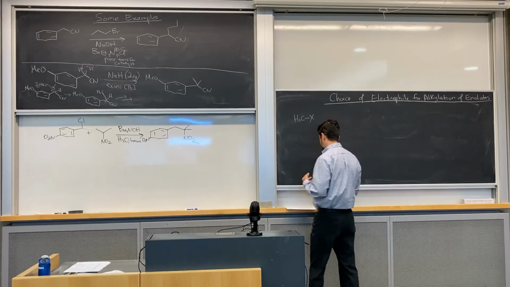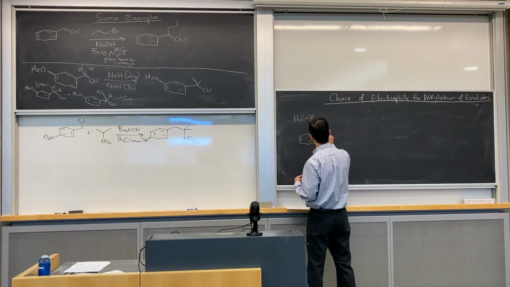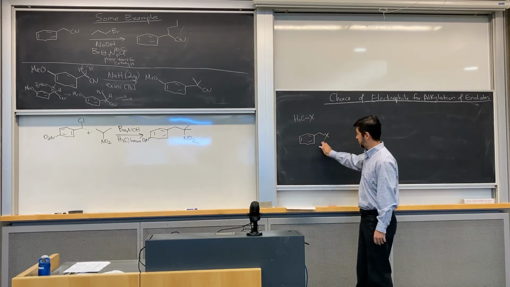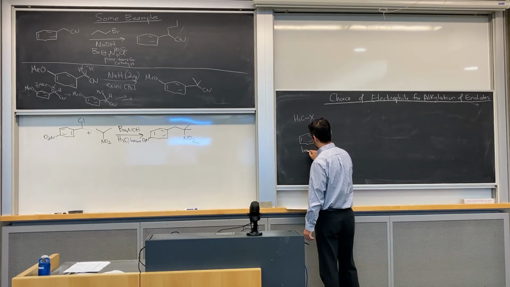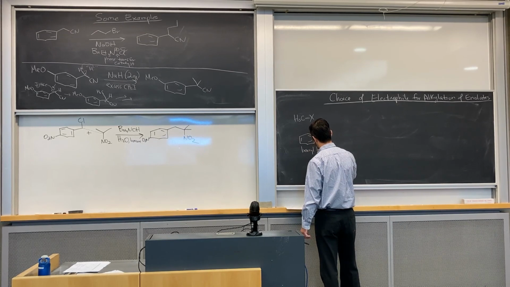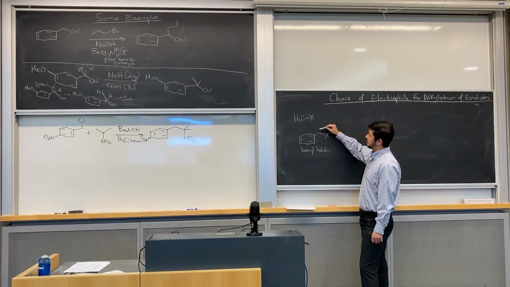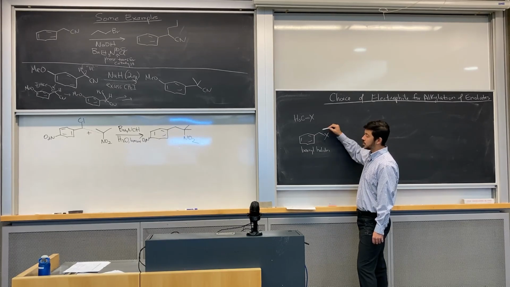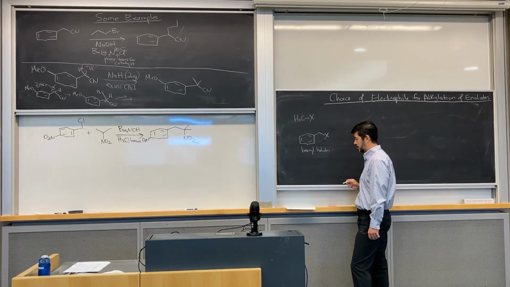Other good compounds are these types of compounds, which are benzyl halides. These are sort of special compounds because this electrophilic carbon here, due to the benzylic nature of it, is really, really reactive.